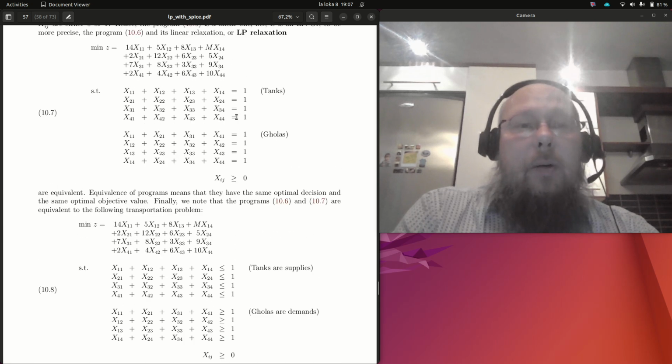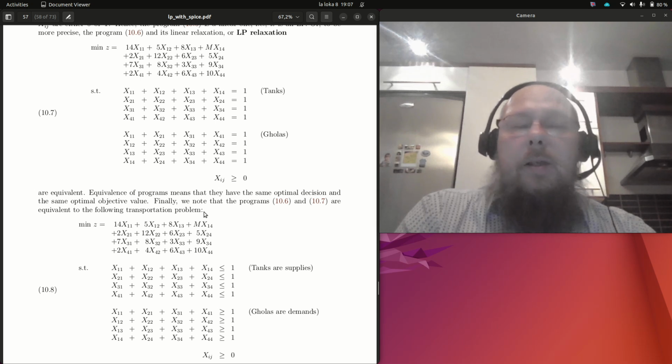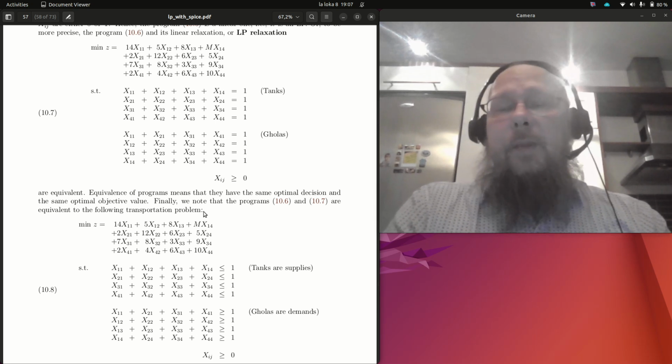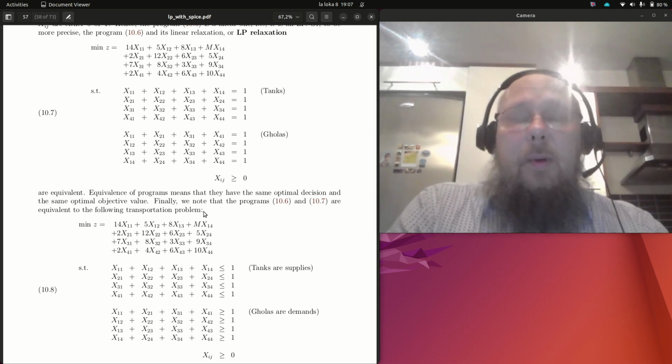If you think about it a little bit, you notice that these problems are the same, because this certainly cannot be 0, that's prohibited, and neither can they be bigger than 1. So these equalities and these inequalities don't change the problem. It's the same problem anyway.